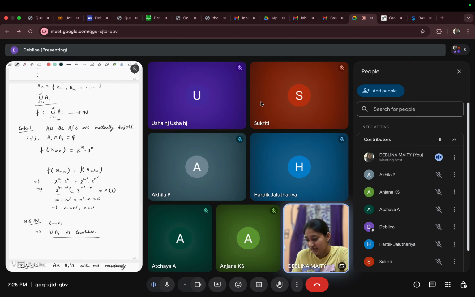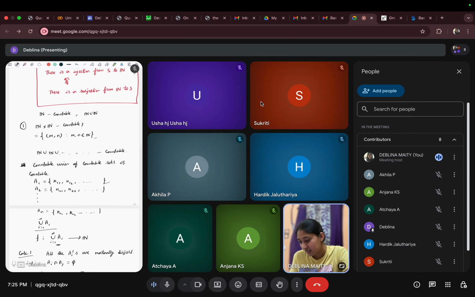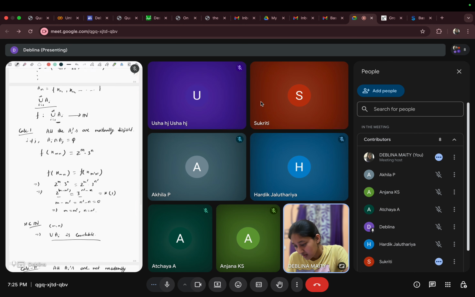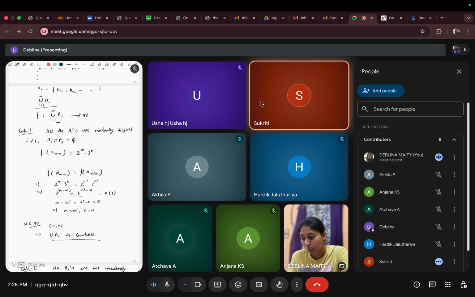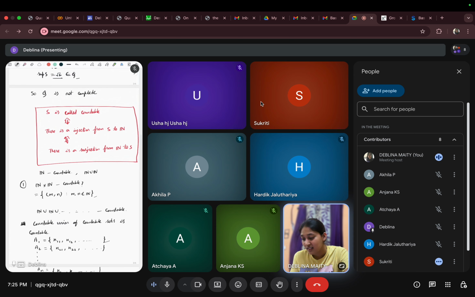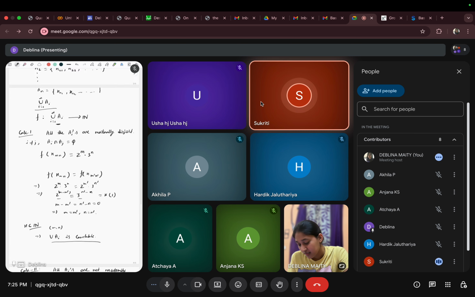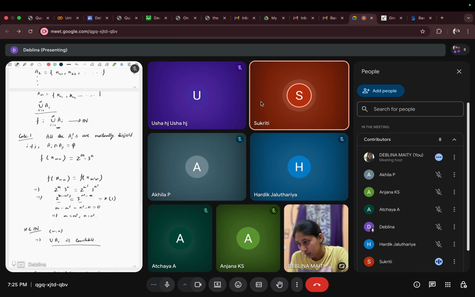It need not be surjective, because the theorem says if there is an injection, then it is going to be countable. Okay, so we don't need to prove it. No, we don't need to prove surjection. If the cardinality is same, then there is going to be a surjection, but in this case there is no surjection. We are just saying injection.